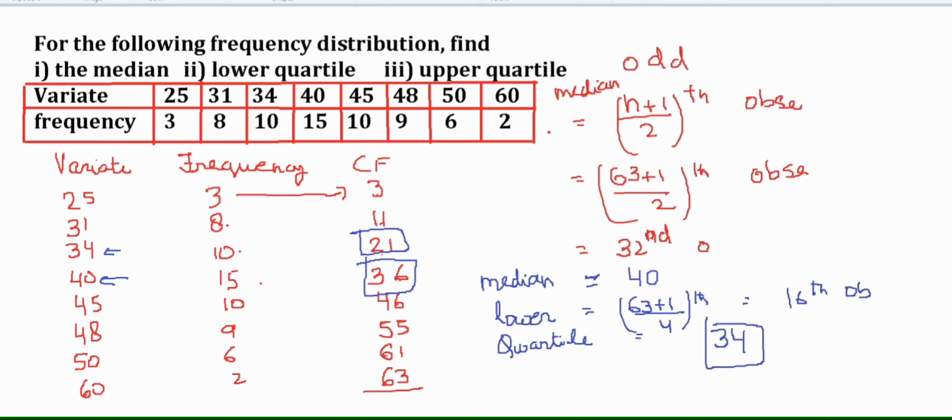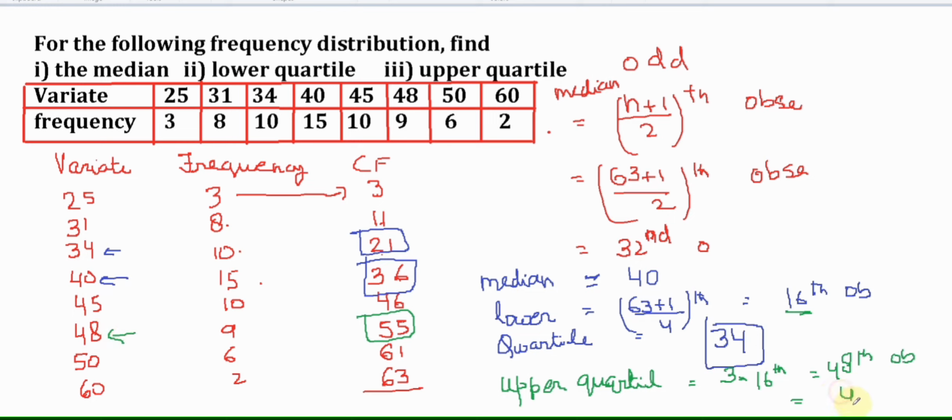For the upper quartile, you just need to multiply the lower quartile position by 3. The 16th observation was there, so 3 into 16 is the 48th observation. The 48th observation will be in this. So here you have 48 as the answer. So this is your upper quartile.